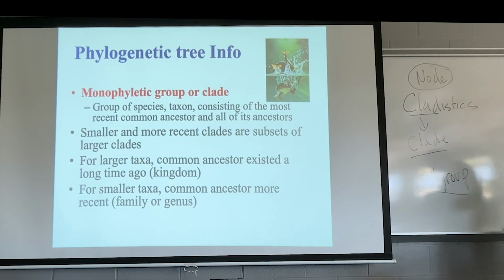So we're going to group species, taxa, populations, so that we can trace them all the way back to a common ancestor. So a monophyletic group, or monophyly, which is a clade, is a group of species or taxa that consist of the most recent common ancestor and all of its descendants.